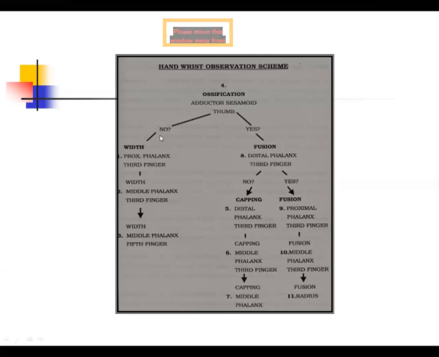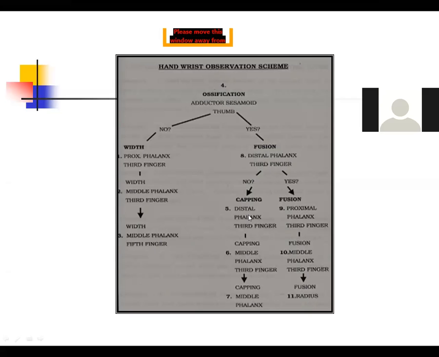Epiphysis and diaphysis. If the abductor sesamoid is present, then you check whether the distal phalanx of third finger is fused. If the distal phalanx of third finger is fused, then the patient can be in stage 9, 10, or 11. If it is not fused, then it can be in stage 5, 6, or 7.